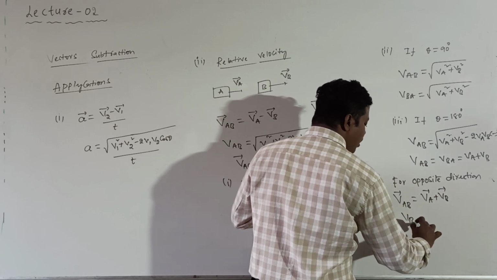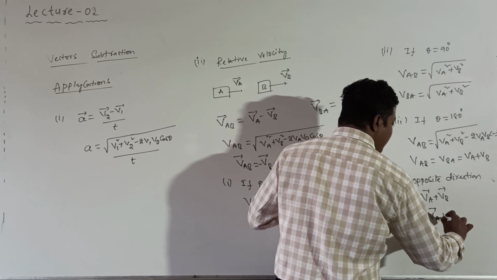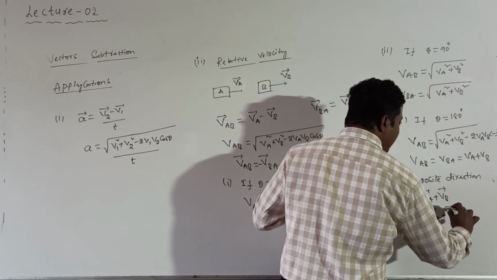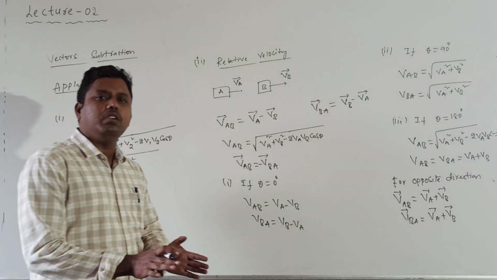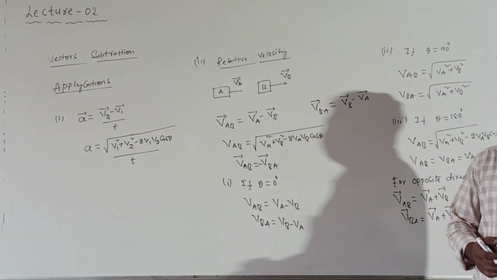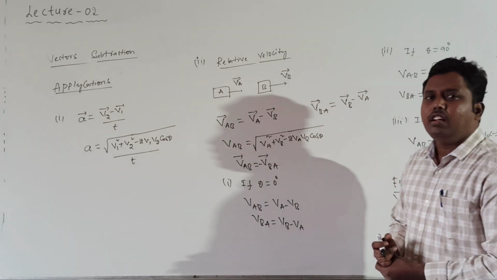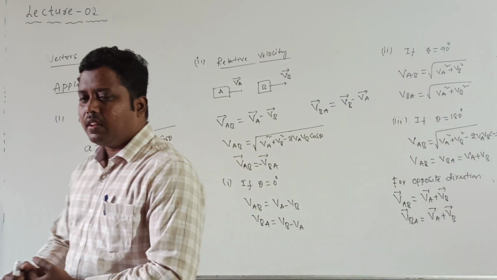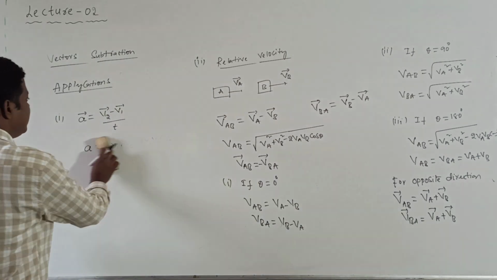Similarly, VBA bar is also equal to VA bar plus VB bar in magnitude. In the case of bodies moving in opposite directions, VAB and VBA are equal in magnitude. Understood? So this is relative velocity. Even this relative velocity is based on vector subtraction. Further topics also continue based on this relative velocity.